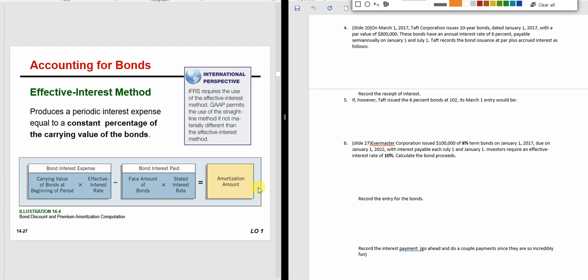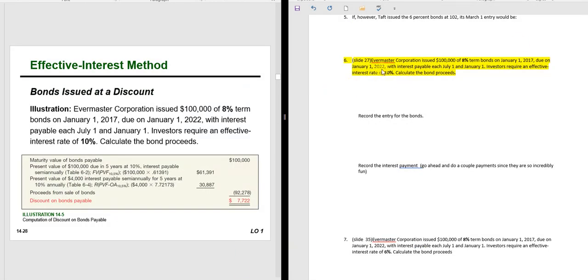Okay, so let's go on. Okay, I highlighted the one we're on. At this rate, we're never going to get done here. But Evermaster Corporation issued $100,000 of 8% term bonds due January 1st with interest payable July 1st and January 1st. Investors require an effective interest rate of 10%.